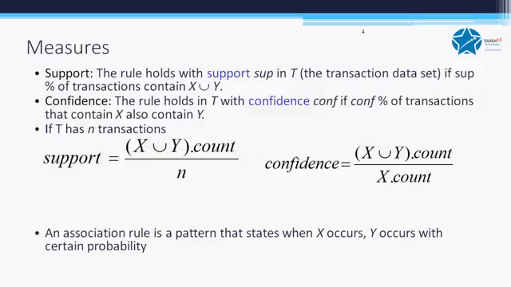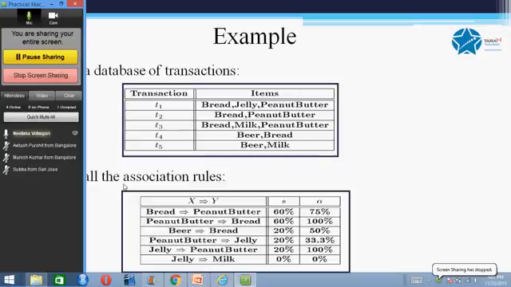So support becomes 20%. Whereas if you look at the confidence in beer implies bread, beer itself occurs in 2 transactions out of 5, but out of those 2, there's only 1 which contains beer and bread. So the confidence becomes 50%.